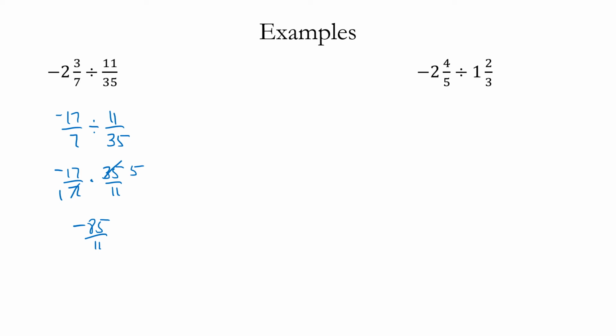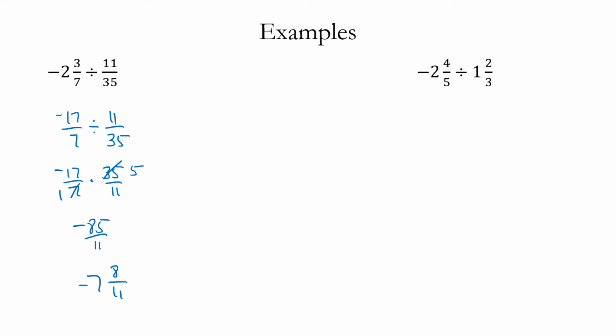Now I know that 11 goes into 85 7 times. And 7 times 11 is 77, plus 8, so there's 8 remaining out of 11. So that's negative 7 and 8/11.